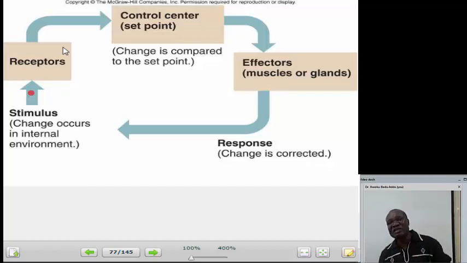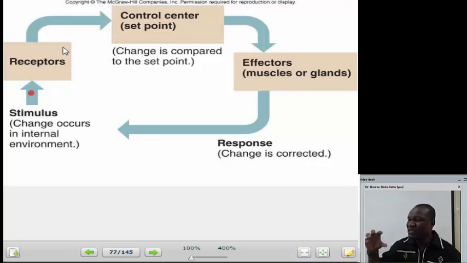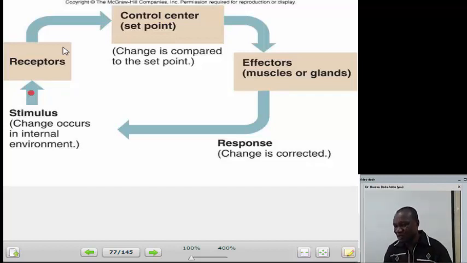Now, stored in the integrating center are some set points for the controlled variables. The integrating center will then compare the information it's receiving from the sensors to its set points. This will bring about any deviation from the set point. So the integrating center will generate an output. The output will be sent to the effector, which will bring about a response to correct the change.